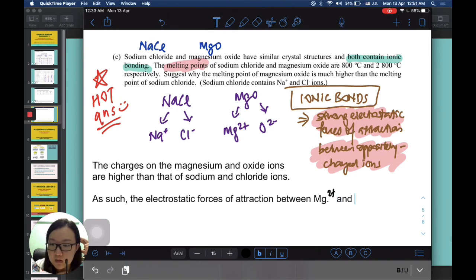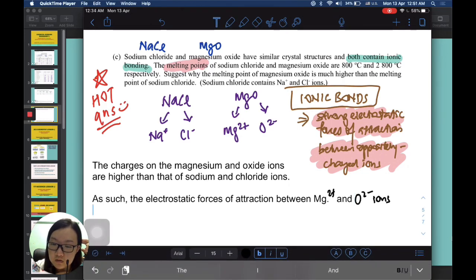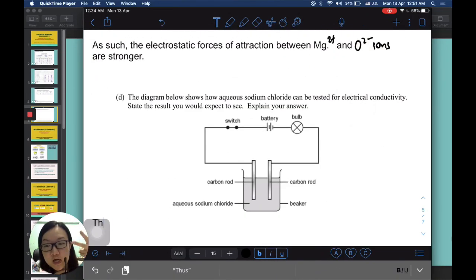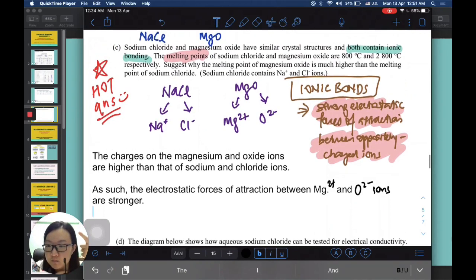So as such, the electrostatic forces of attraction between the Mg2+ cation and O2- anion is therefore much stronger. Two charges versus one charge, definitely the one that has two is a lot stronger.